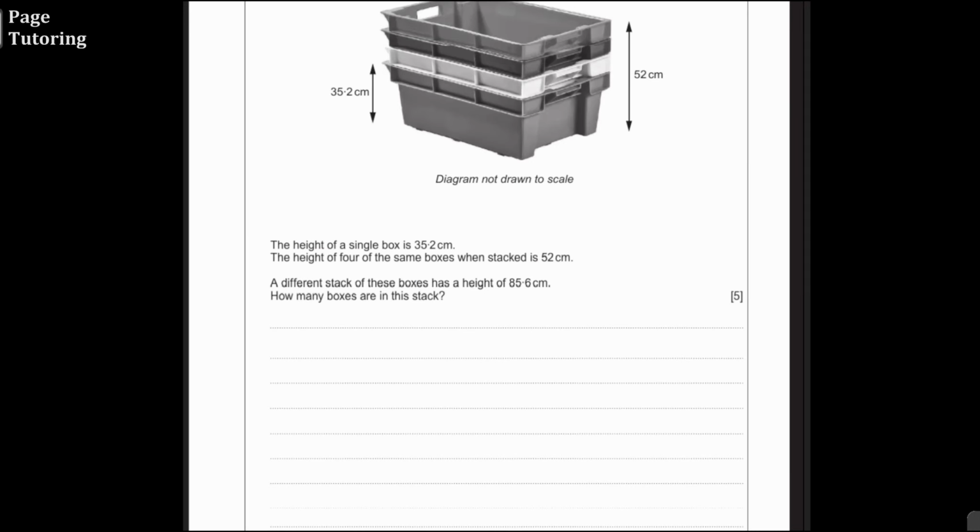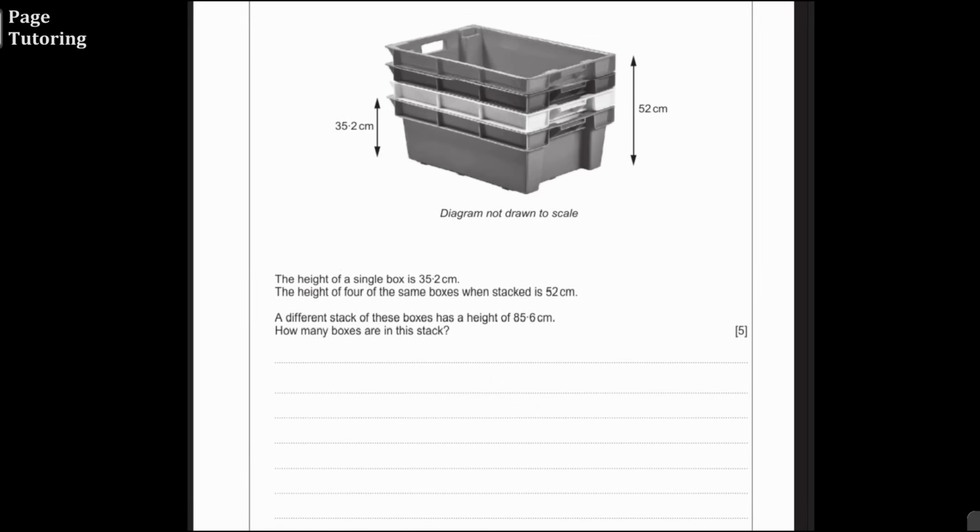Another way you could do this question, if you're not a big fan of algebra, I'm a big fan of algebra, so I always use it. But another way you could do this question is to go, okay, the total height in this case is 52 centimeters equals 35.2 centimeters plus 3 times something, I don't know what it is, these little lips.